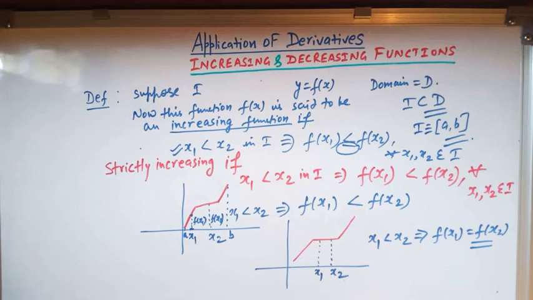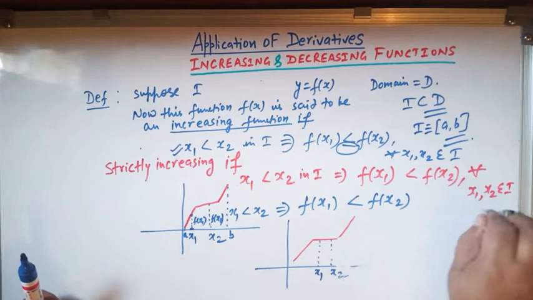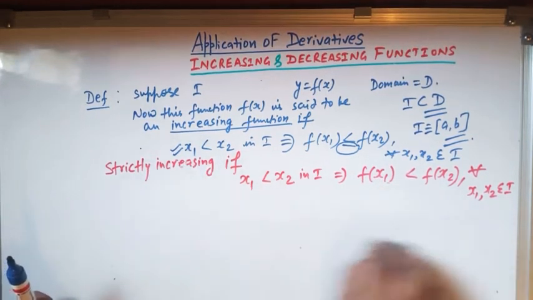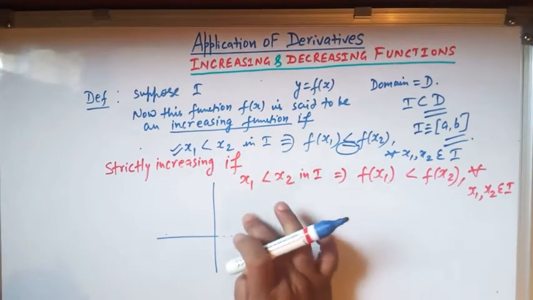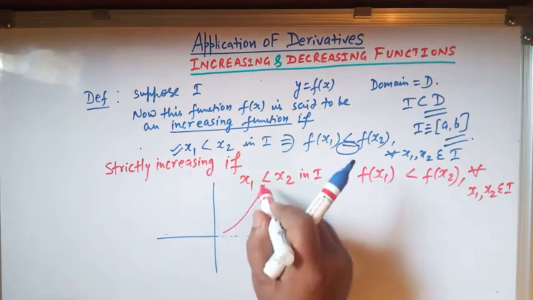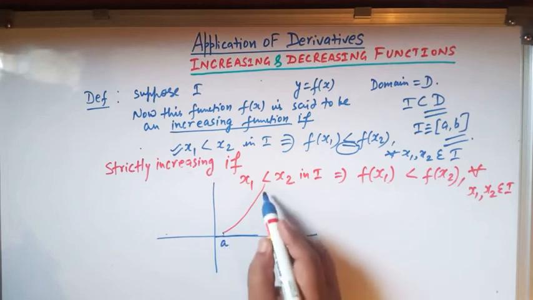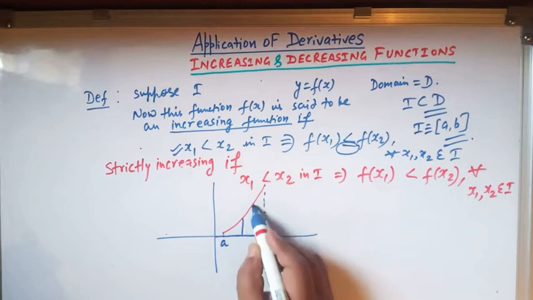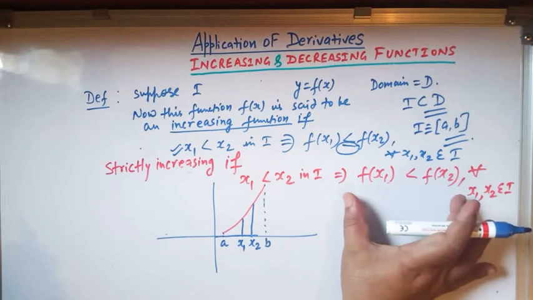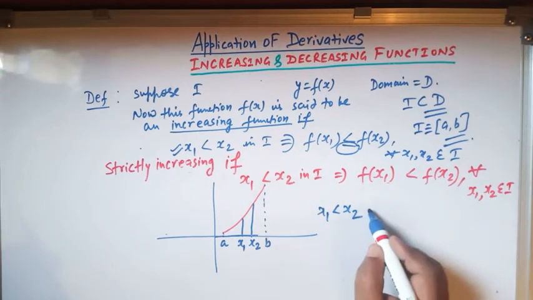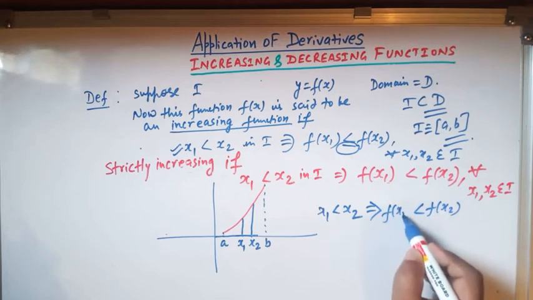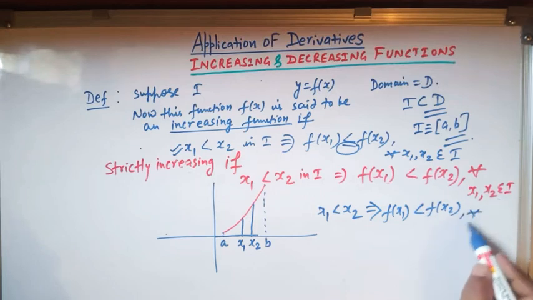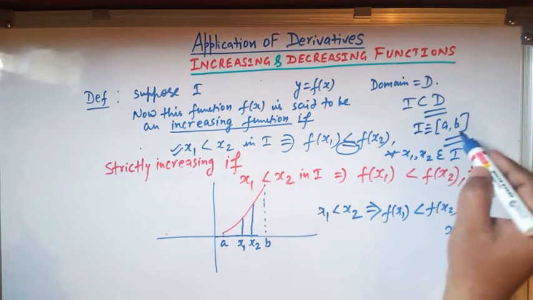Now let us take one more example. Say the graph is like this, with point A and point B. If we take any two points x1 and x2, then x1 less than x2 implies f(x2) is greater than f(x1) for all x1, x2 belonging to I, where I is this interval.